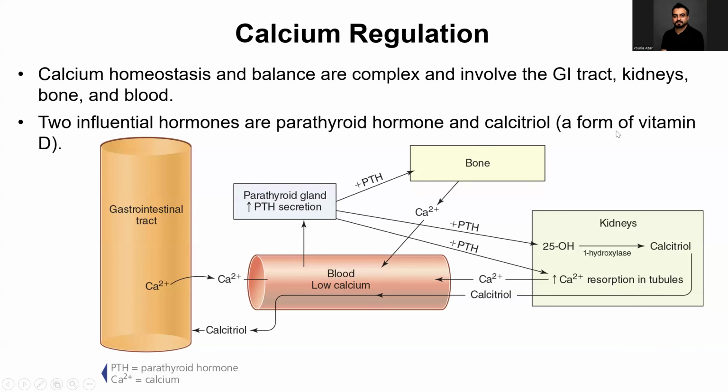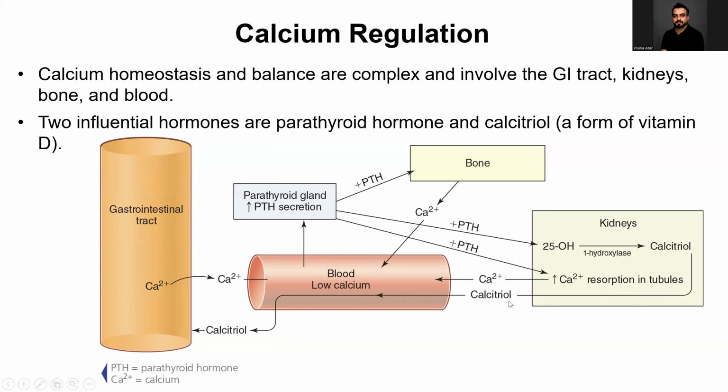We have two influential hormones, which are PTH and calcitriol, which is vitamin D. Let's pause here and talk about this picture. When we have low calcium levels in the blood, calcitriol, the active form of vitamin D, acts on the GI tract and increases calcium absorption.